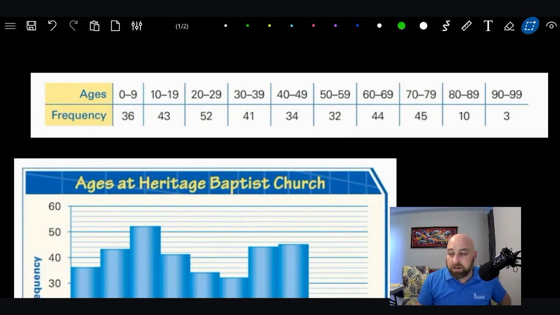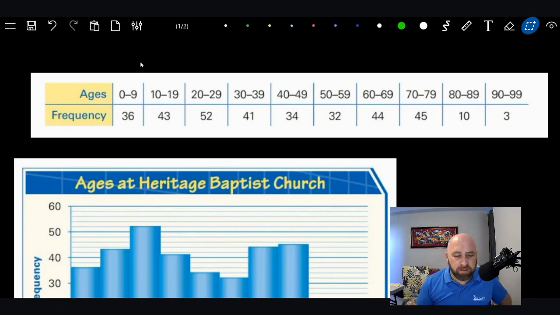All right, let's take a look at this one. These are ages of people in this church. It's in your book; it says Heritage Baptist Church. Here are the people and here are their ages. If you are 0 to 9, in the kiddie class, there are 36 kiddies in their church. Between 10 and 19, kind of the teenage years, there are 43. 20 to 29, that's me.